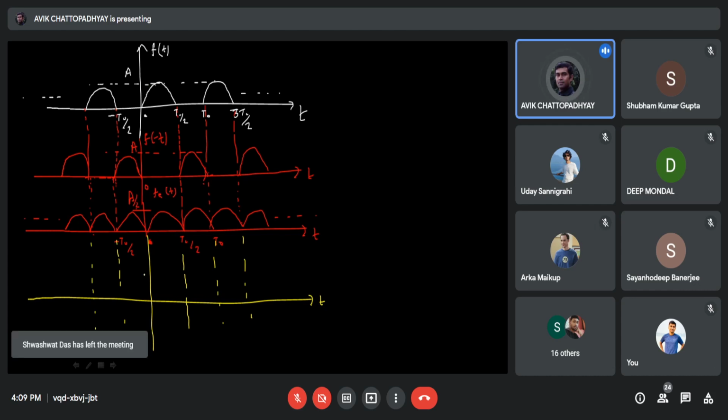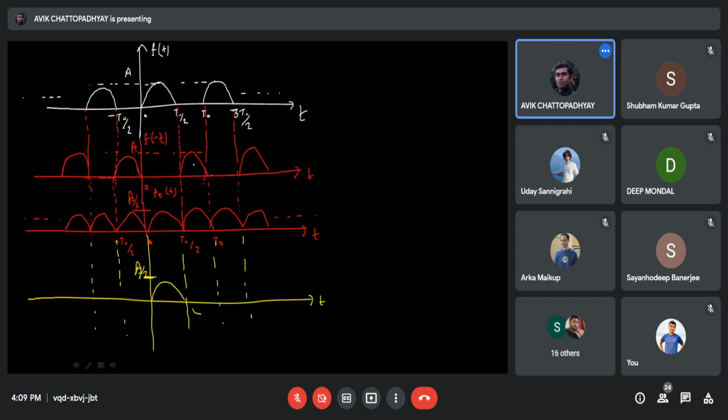Again, the maximum value will be A by 2, of course. And for this half there will be a hump, and for the second 50% of the cycle there is no term.